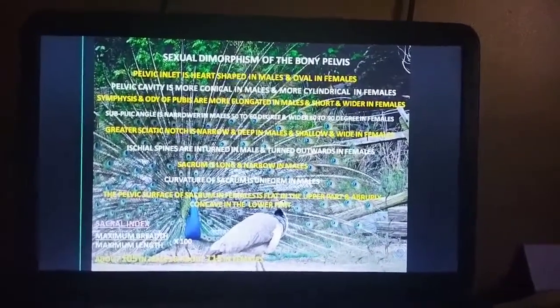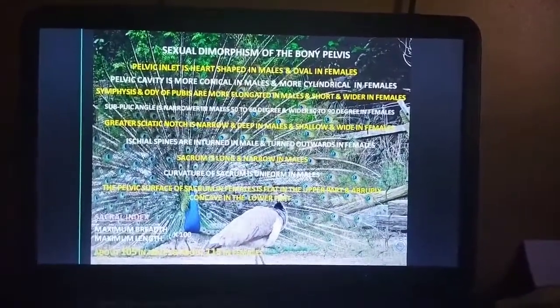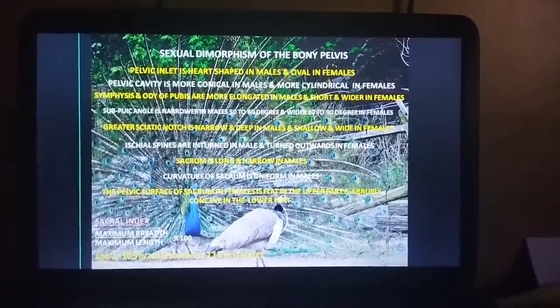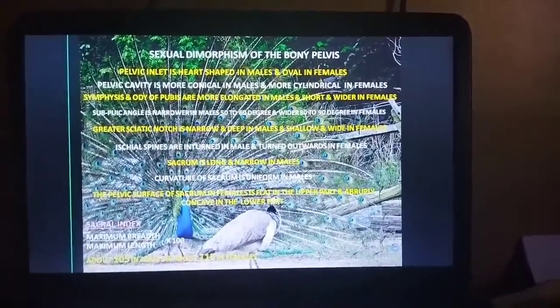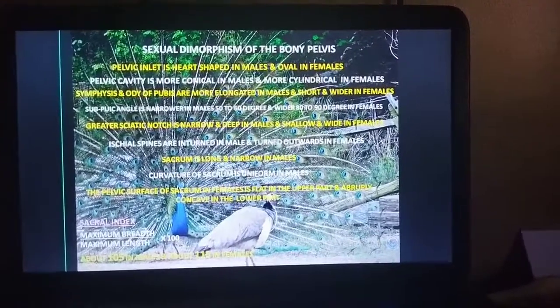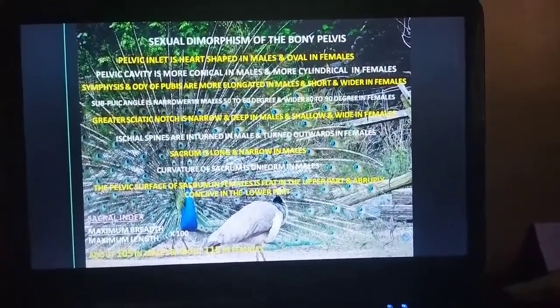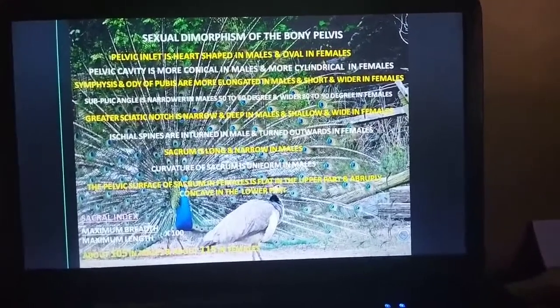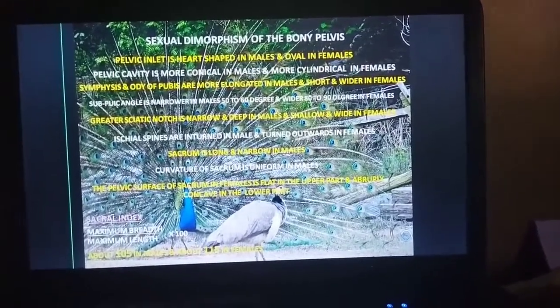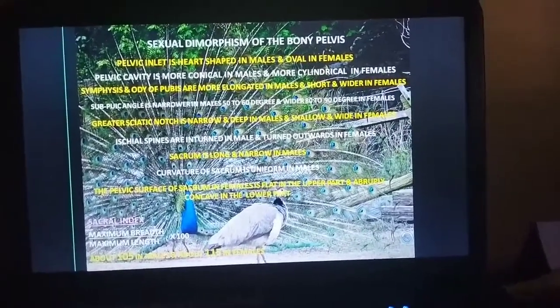We have also talked about the functions of the pelvis, and lastly we have talked about the points of sexual dimorphism of the bony pelvis, or the differences between the male and the female bony pelvis.